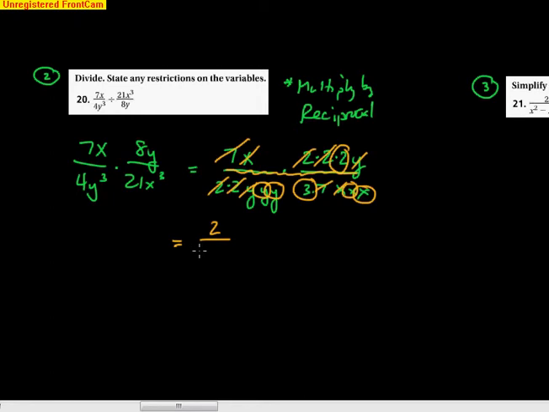So I have 3, 2 x's make x squared, and 2 y's make y squared. And there's how that simplifies down. Okay? So notice this one didn't have any plus or minus signs, so we just simply break them down into their parts and cancel common things.